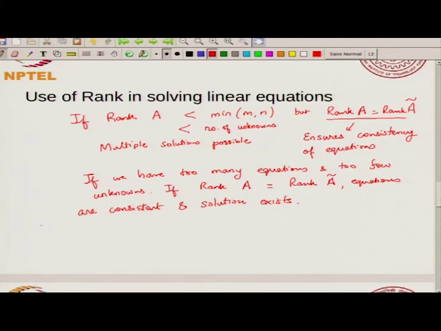So I'll just write this explicitly. If rank A equals rank A tilde, then the equations are consistent and a solution exists.